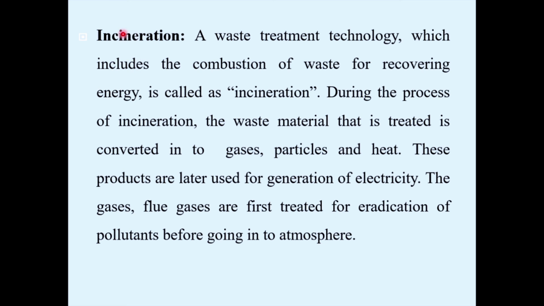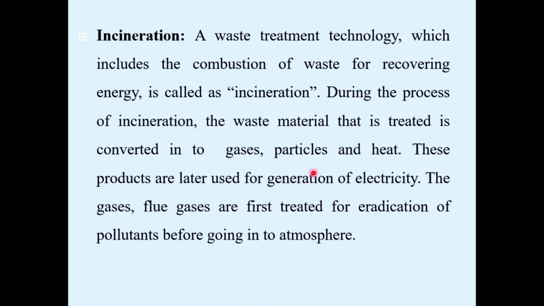But all these incinerators are provided with a very long smokestack, as long as 30 meters above the incinerator, so that the poisonous gases produced here, like dioxins and furans, will not reach the ground level. They will enter the upper atmosphere.